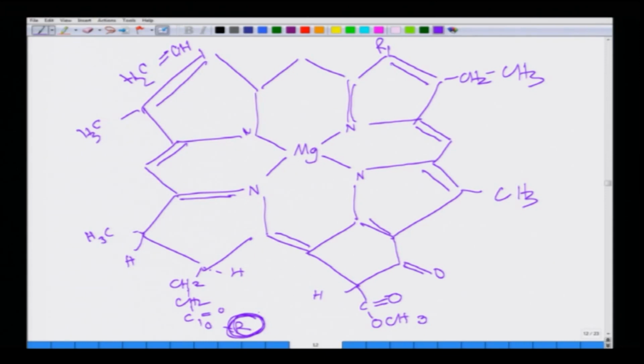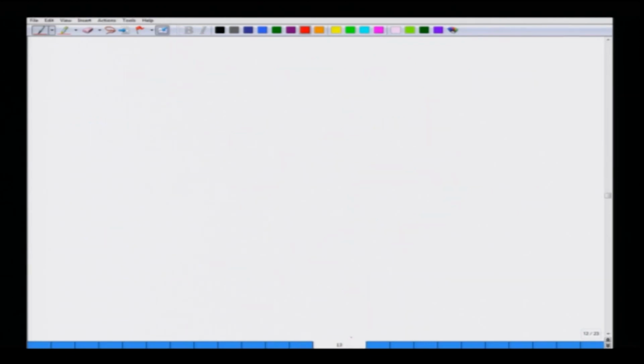This R group, let me just highlight this. This R group is actually, I have to go to the next page. So this R group is equal to CH2, CH, CH3.